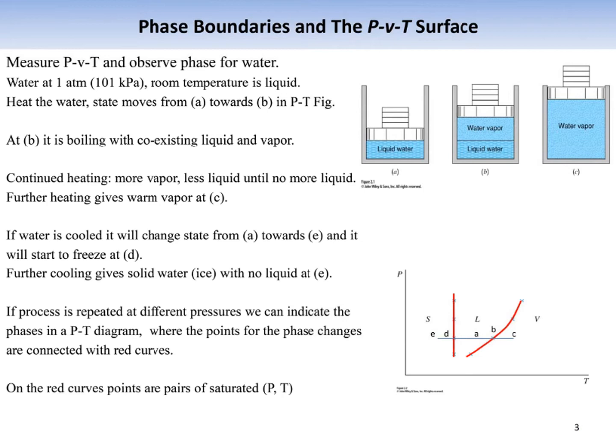The liquid is initially at room temperature, that is 25 degrees centigrade, and here we heat the water and observe the states and what happens in terms of pressure and temperature.